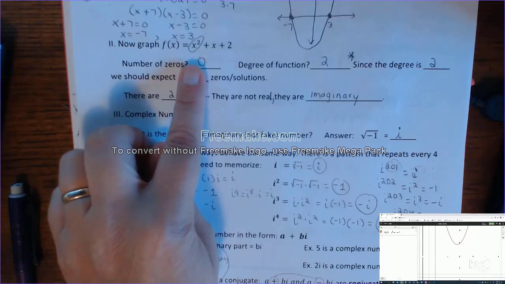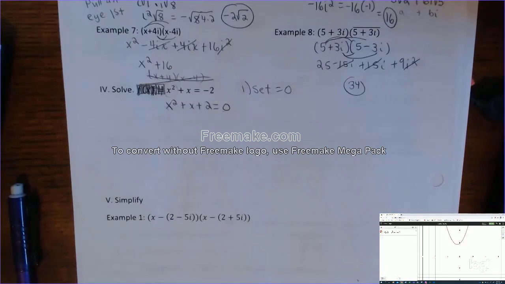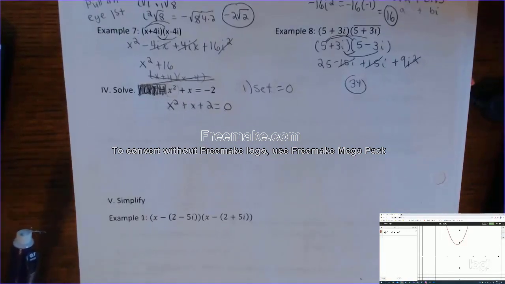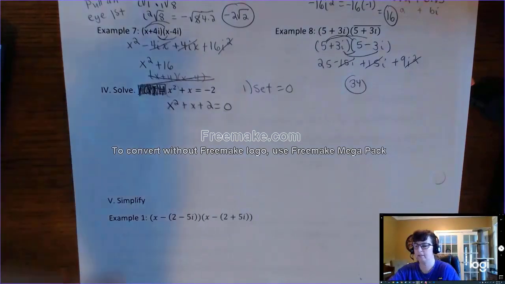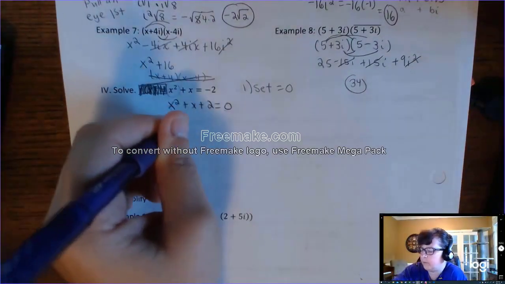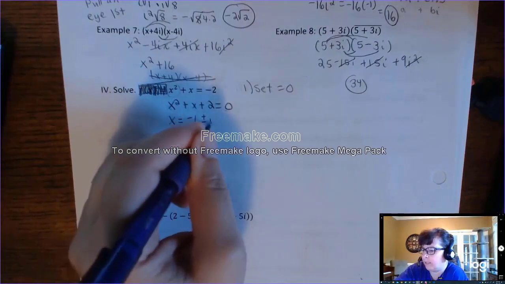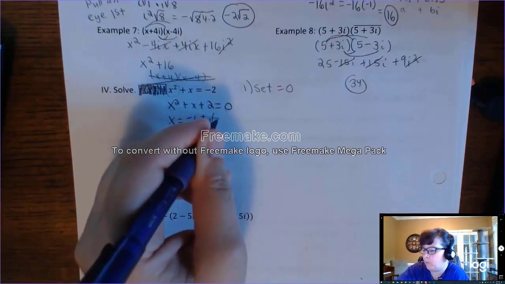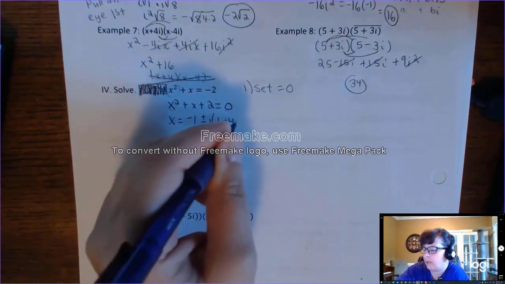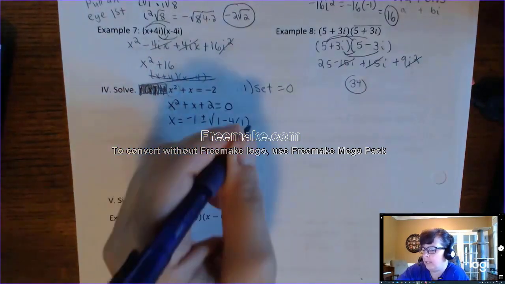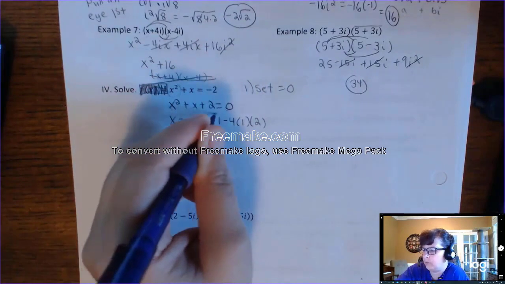So how would we solve that? We can use the quadratic formula, right? So x equals negative b, which would be negative 1, plus or minus the square root of 1 squared minus 4 times a, which is 1, times c, which is 2.